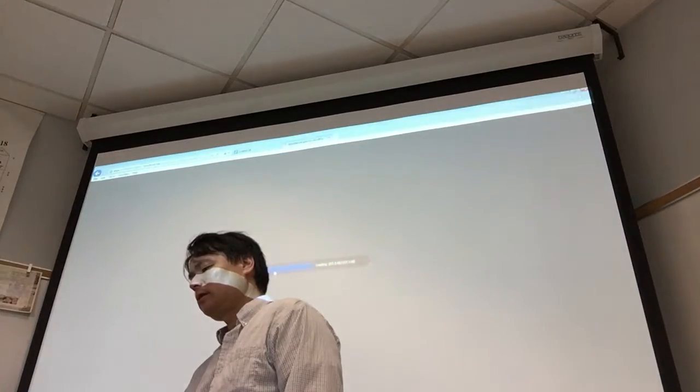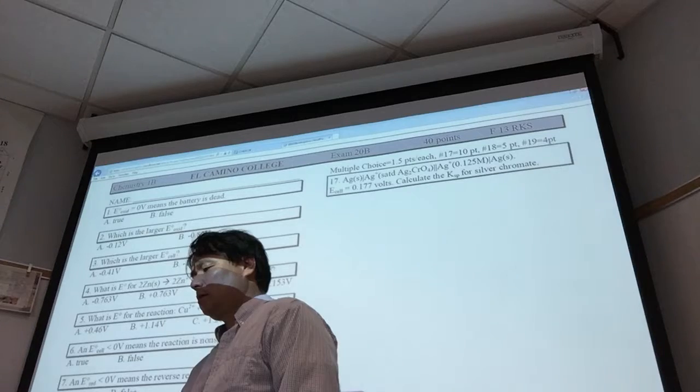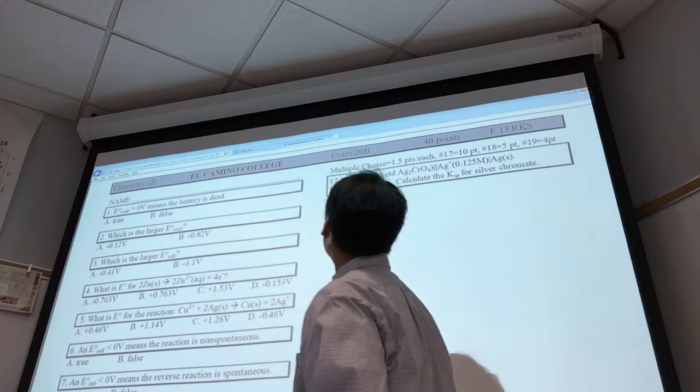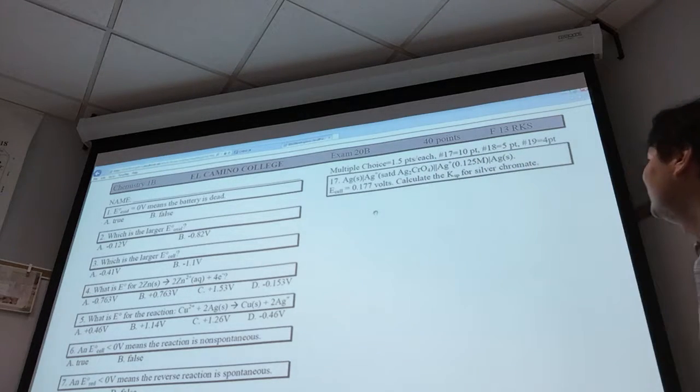All right, so let's take a look at this number 17. So the silver ion. This is an example of a concentration cell, right? This is a concentration cell generating 0.177 volt. Calculate the KSP for silver chromate.